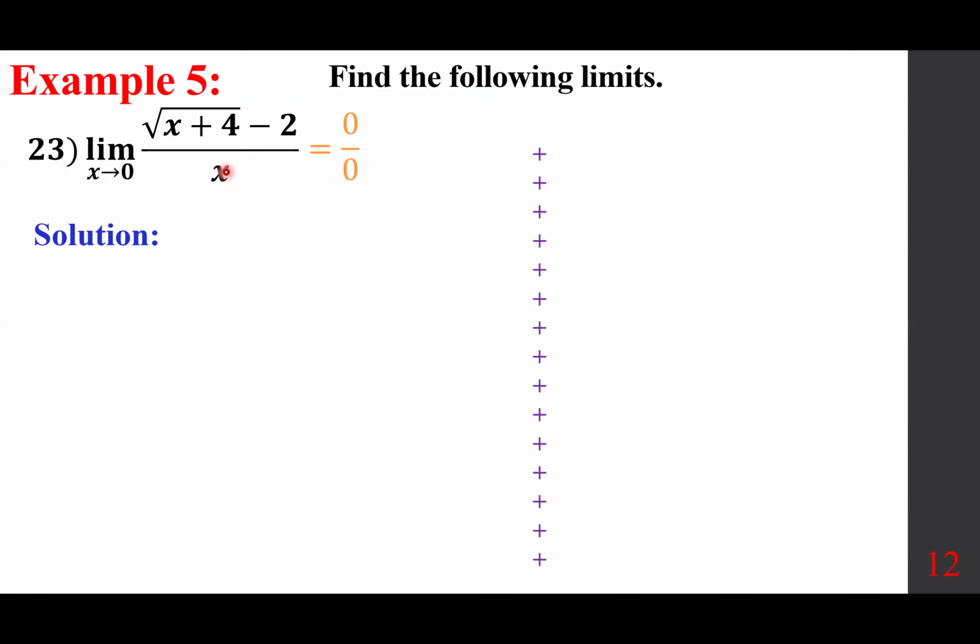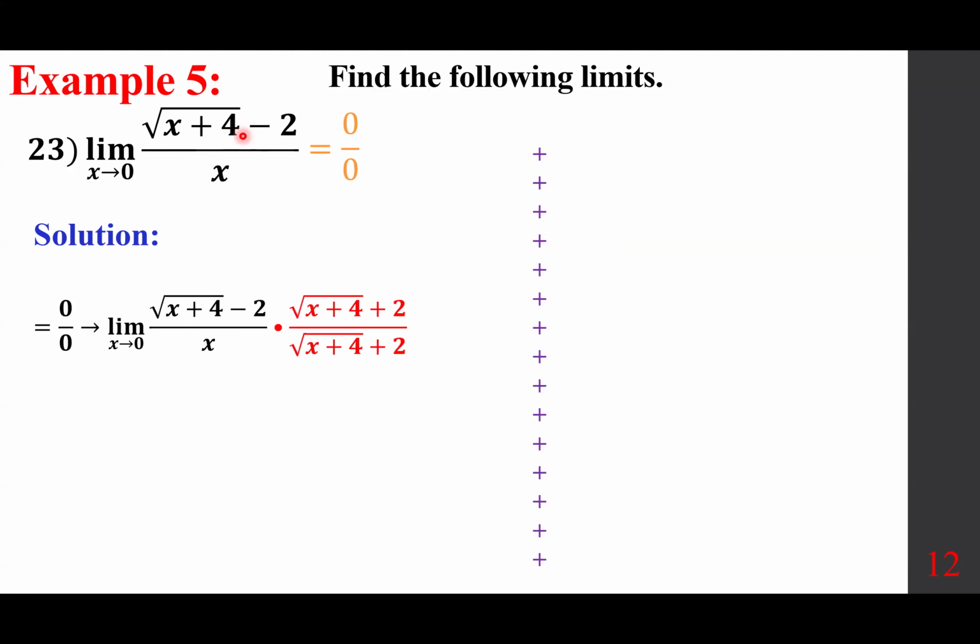So what is the technique? Because the numerator has a square root, the technique is to multiply by its conjugate. The conjugate, you write the same thing, you just change the sign. If it's negative, you make it positive. If it's positive, you make it negative. We multiply by it.